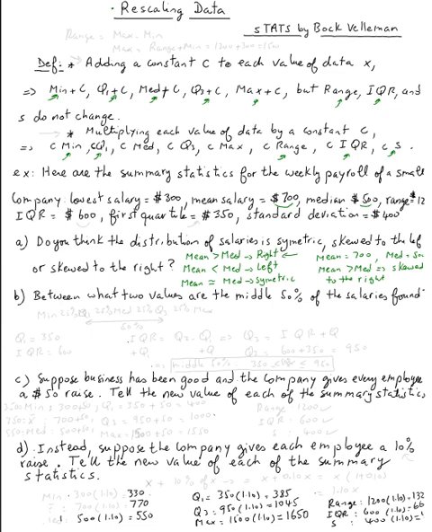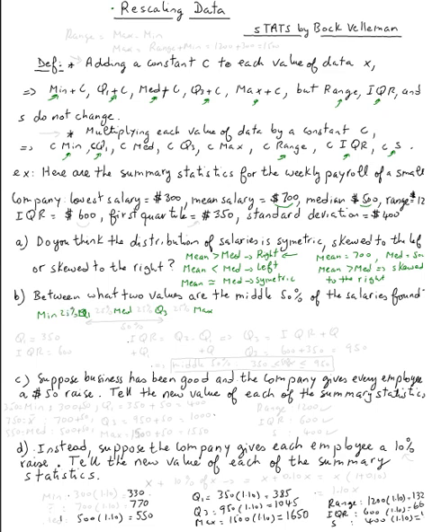Alright, now next question. Between what two values are the middle 50% of the salaries found? Now we know that there's a min, here's a max, Q1, right? And then there's a median, and then there's Q3, and then there's a max, and we know that between each two, 25%.